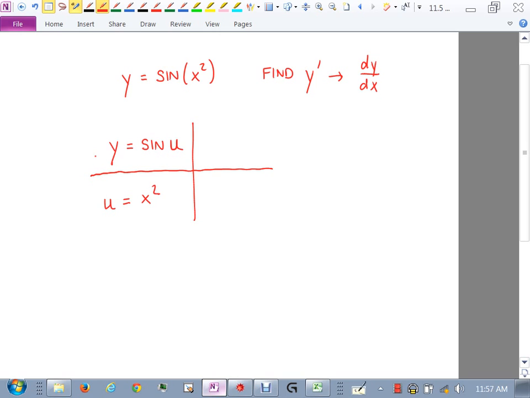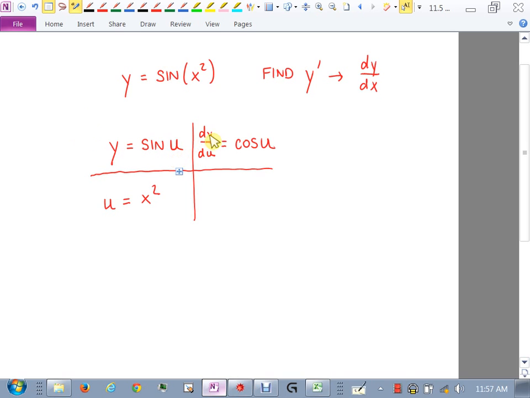So I can write y is sine of something, and that something is x squared. Next to this, I can write the derivatives. The derivative of y would be cosine u. And really that derivative of y means dy d what? U here, because u is our independent variable.